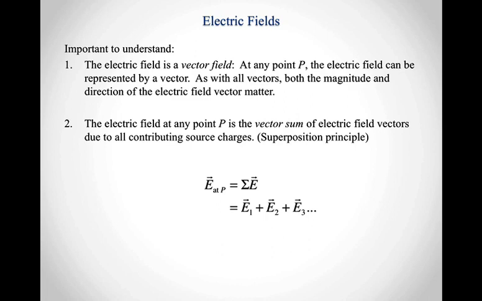It's not any different than when we calculated the net force acting on a charge by adding up the individual forces from the other charges in its vicinity. It's just here we're saying we're going to add up the contribution from all the individual charges to the electric field at a point in space. So if you've got 2 charges, you add together 2 vectors. 3 charges, 3 vectors. As many charges as you've got, that's as many vectors as you need to add together.